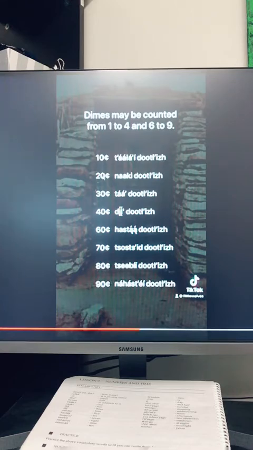When you say 20 cents, na ki dotlij, because 20 cents is 2 dimes, right? 30 cents, 3 dimes, tra dotlij. 40 cents, 4 dimes, di dotlij. 60 cents, 6 dimes, has tra dotlij. 70 cents, 7 dimes, sos it dotlij. 80 cents, 8 dimes, tsebi dotlij. 90 cents, 9 dimes, nahast a dotlij.